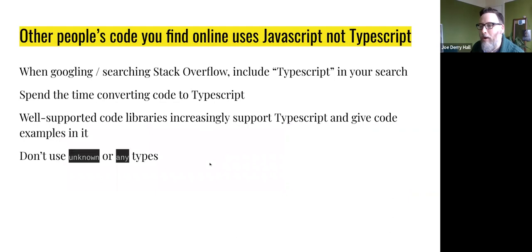The other thing is, when you Google and go on Stack Overflow and someone's got the answer to your problem, except they did it in JavaScript and it hasn't got all the nice TypeScript types, you copy and paste it into your code and it doesn't work. That can be a bit of a headache. Often just stick TypeScript on the end of your Google search, and you will find someone, because increasingly more people are using it.